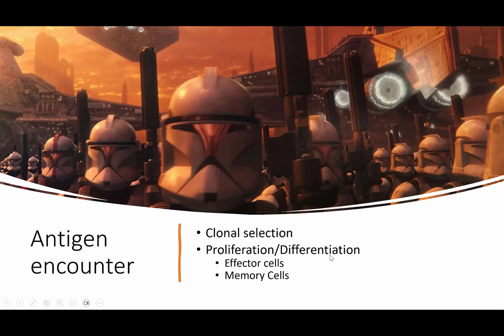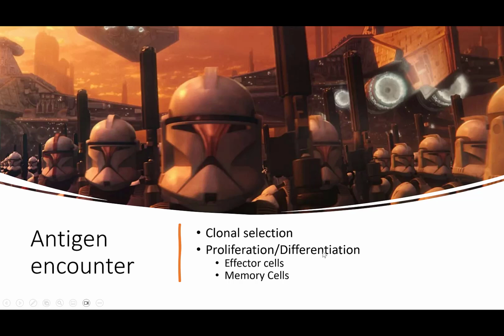It's going to become some cells that are active in this current immune response. But it is also going to produce some cells that are not going to do anything at all right now. They're going to go hide in case the same pathogen comes back down the road. We're going to see what those are called in just a moment.